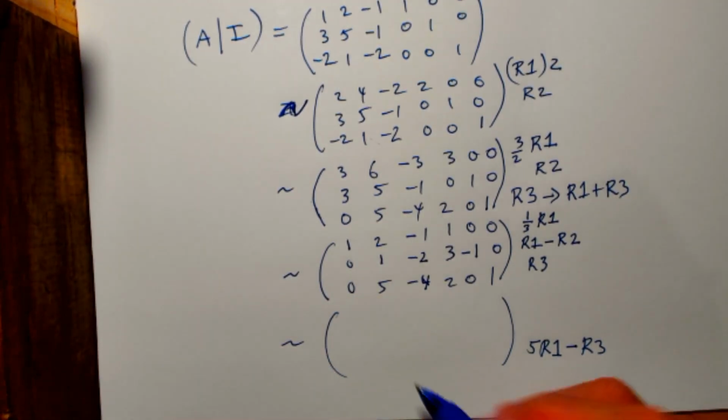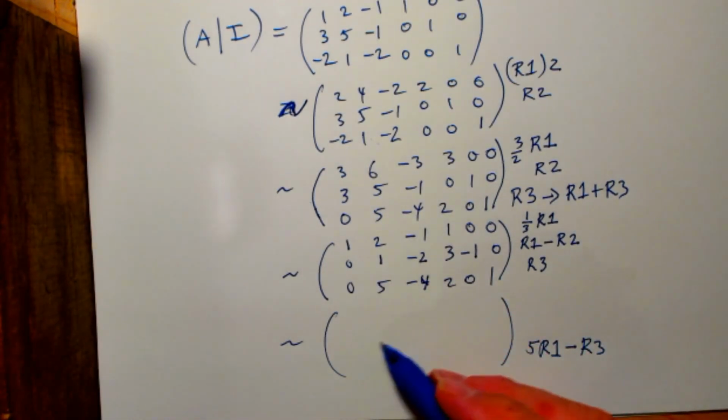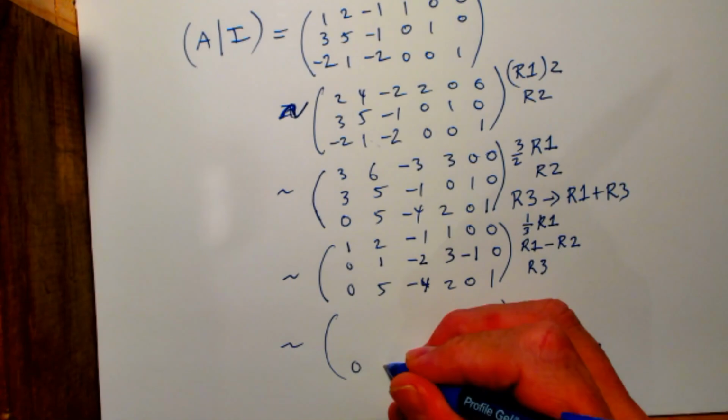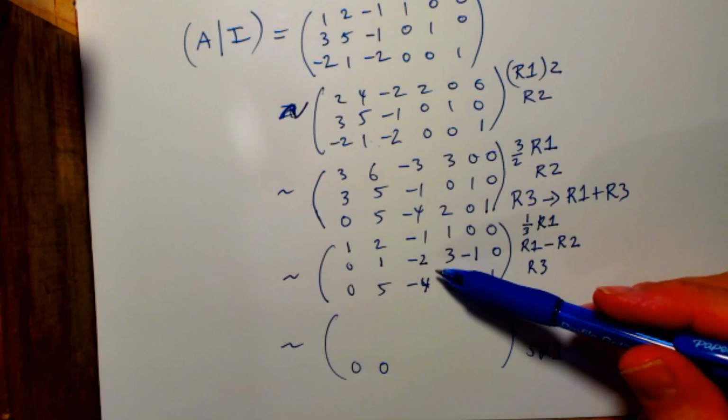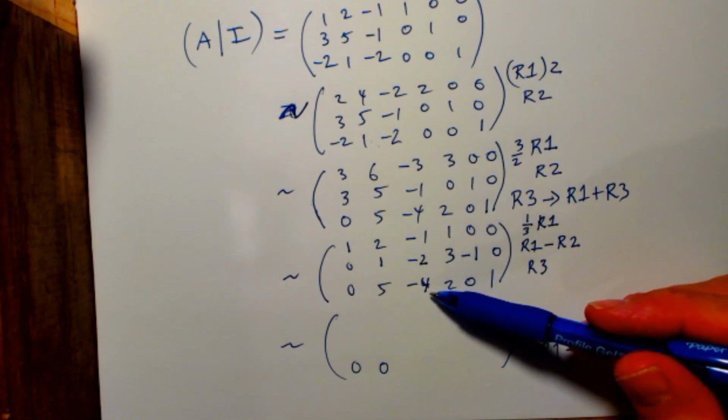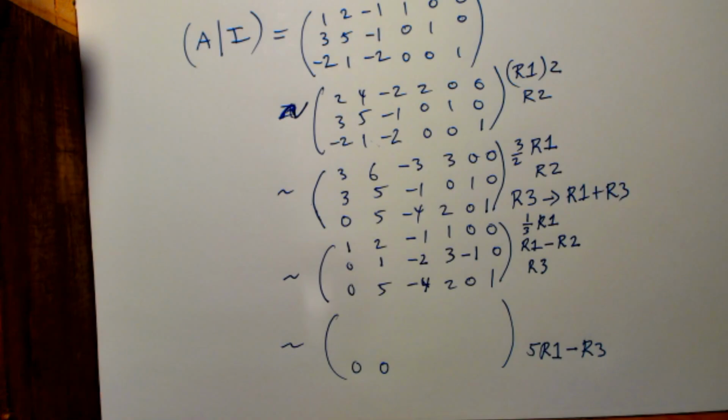Alright, so 5 times 5 minus 5 is 0, so 0, 0. Okay, 5 times minus 2 is minus 10. Take minus minus 4, or take minus 4. So that should give us, oh, hang on.